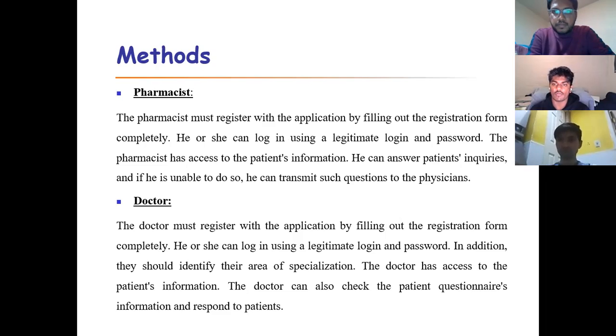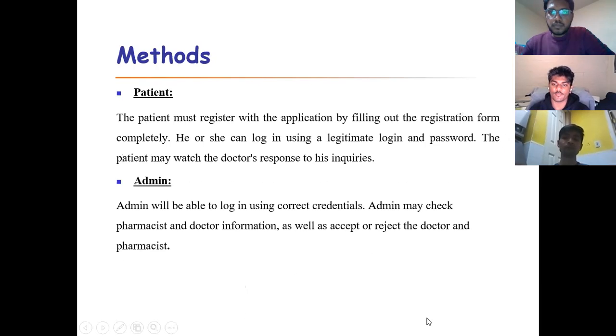Once the doctor is out of the picture, the pharmacist can directly contact the patient about what he actually wants, so that the middle person, the doctor, does not need to waste his time and can continue ahead with the process. Can you go to the next slide, Arif? Yeah.